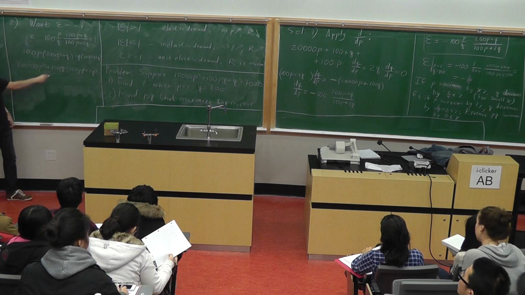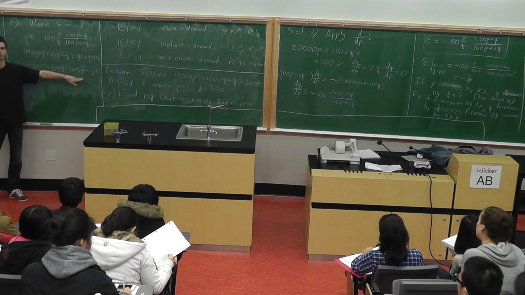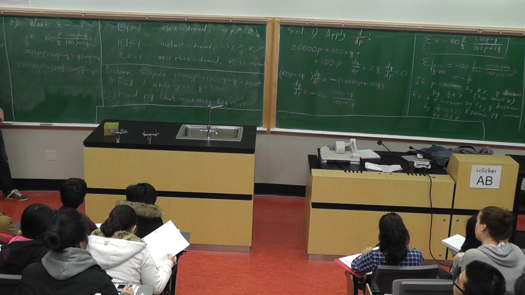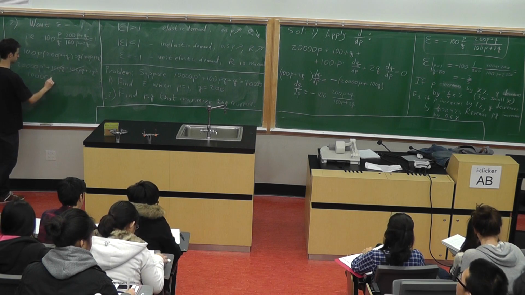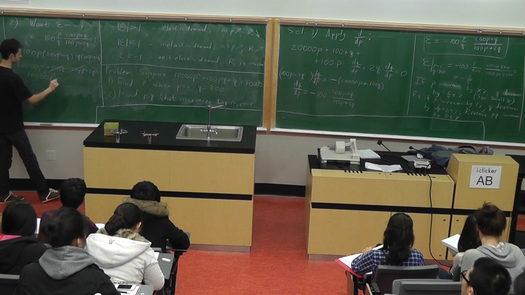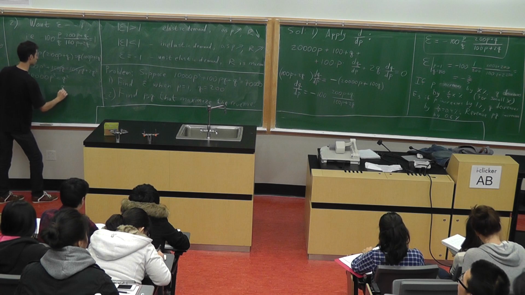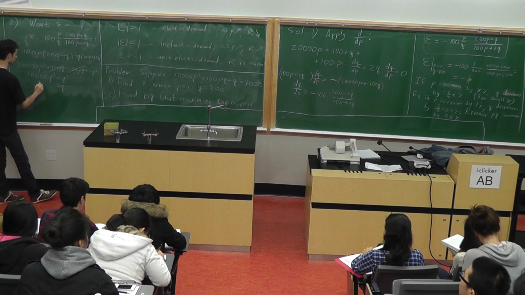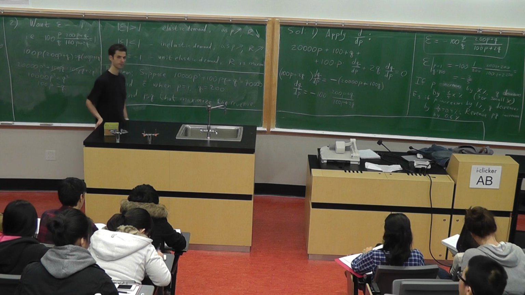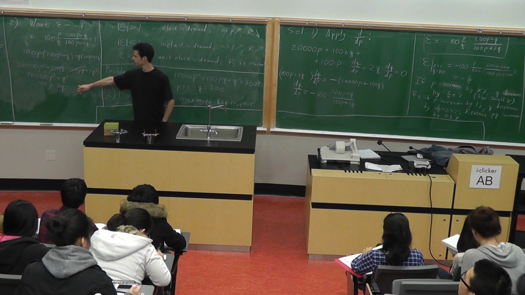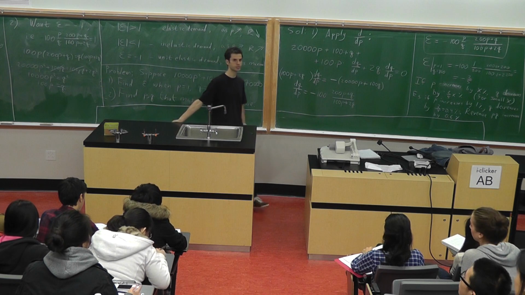So fortunately for us, we see some simplification. This 100PQ gets cancelled out on the two sides, and I can divide both sides by 2. So I get 10,000 P squared is Q squared. And I can extract square roots. So 100P is Q. By the way, why is it 100P and not minus 100P?